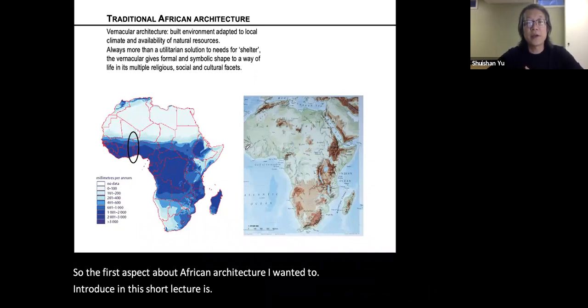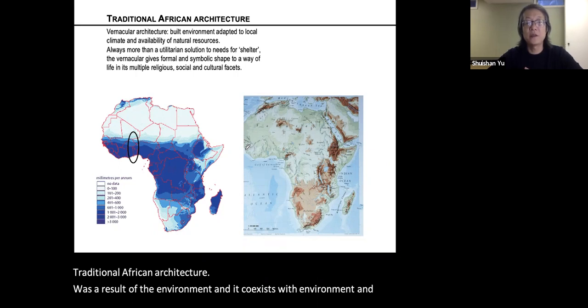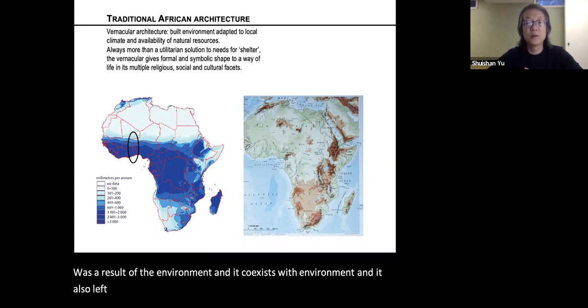So the first aspect about African architecture I want to introduce in this short lecture is that traditional African architecture was a result of the environment, and it coexists with the environment, and it also left zero carbon footprint on the environment.